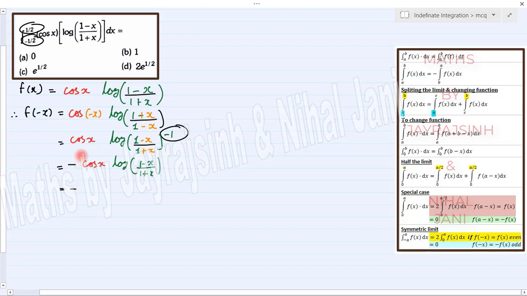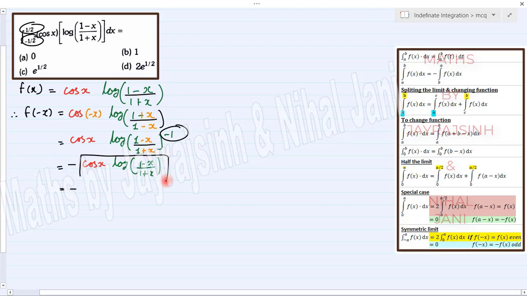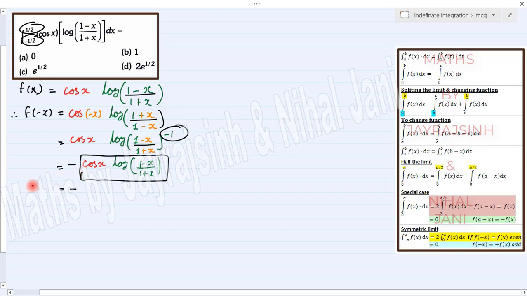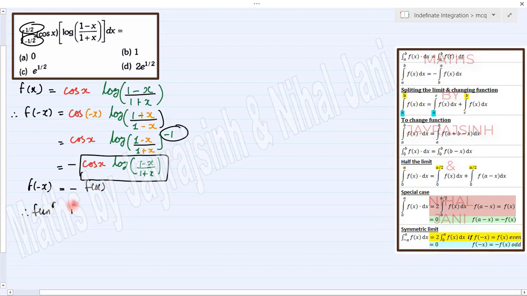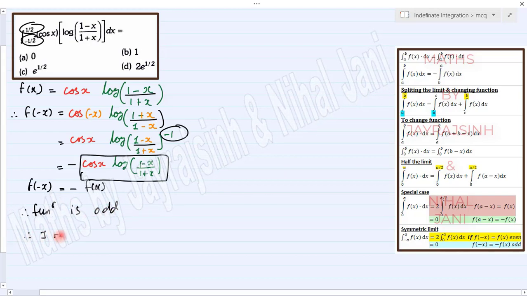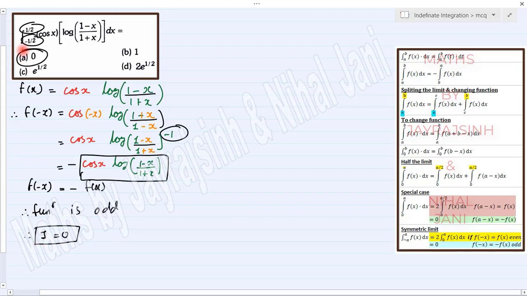So here we get the whole function of x. So your f of minus x is simply minus f of x. So we can say your function is odd, and therefore your integration is 0, which is given in option A. Ta-da!